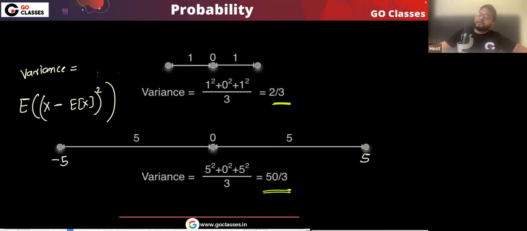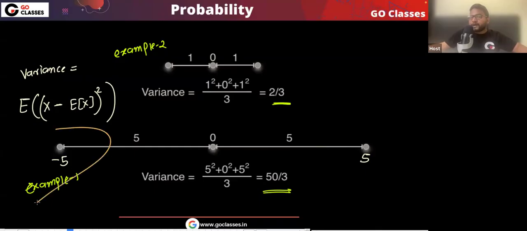So in which example is the variance more, example 1 or example 2? Obviously example 1, right? This is 50 by 3, which is obviously more. Why is it more? Because, intuitively, that data is spread far from the mean.